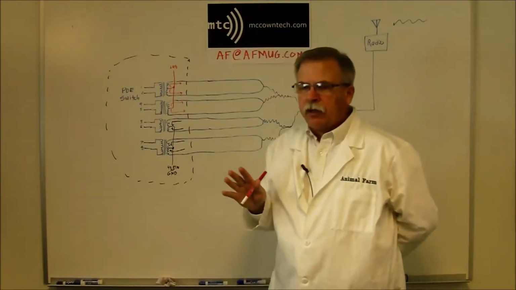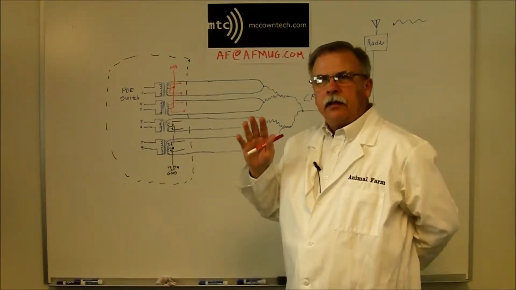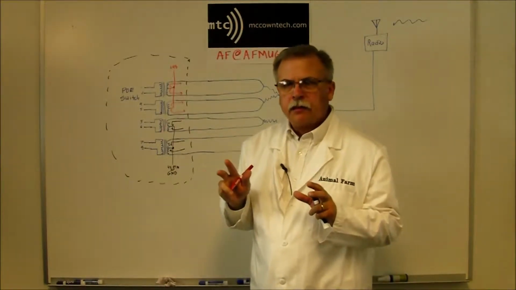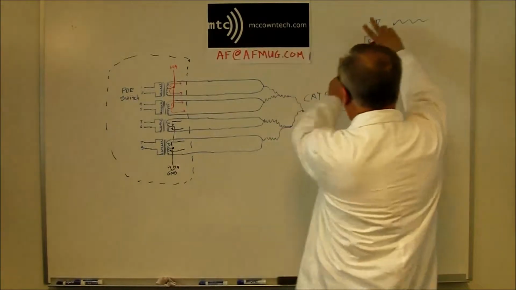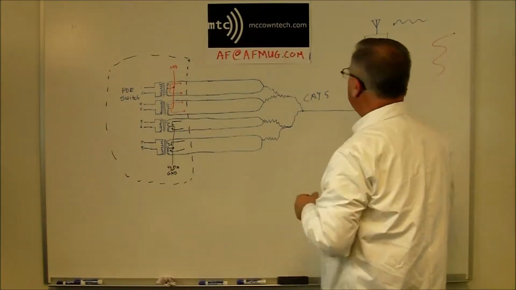Here's the problem. A lot of you have bought my surge suppression products to protect this piece of equipment and this piece of equipment. Because what happens is you get a lightning strike a mile or two away.